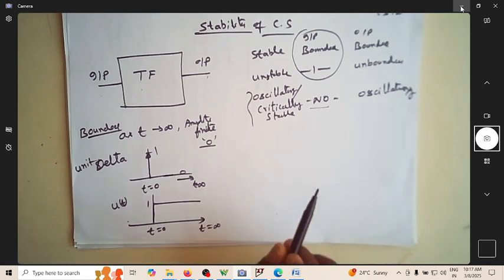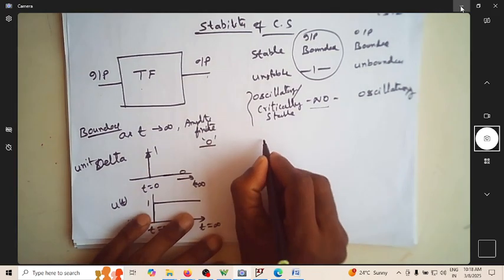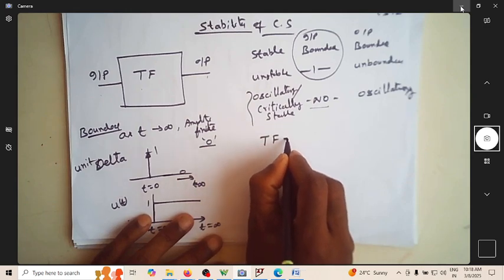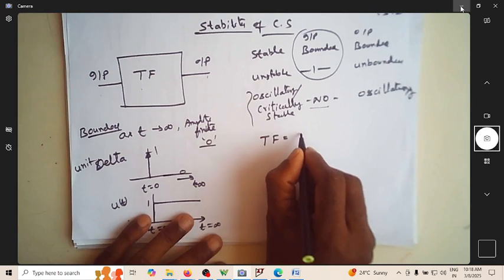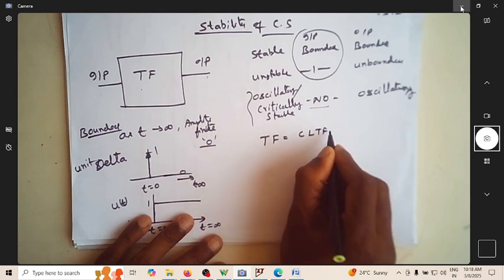Now let us consider some examples and try to see whether a system having a given transfer function is stable or not. Let me consider a closed loop transfer function.